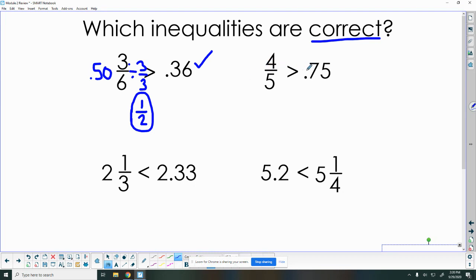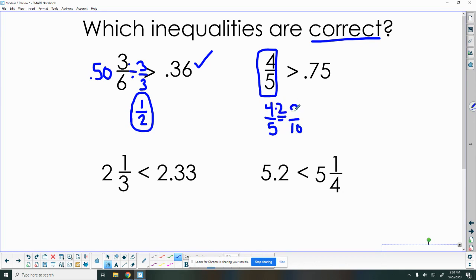Hey, we have 4/5 and 0.75. So let's take our fraction here and turn it into a decimal. So we have 4/5. So it's nice to turn it into 10 when we can, because decimals are in tenths. 5 to 10 is 2 times.